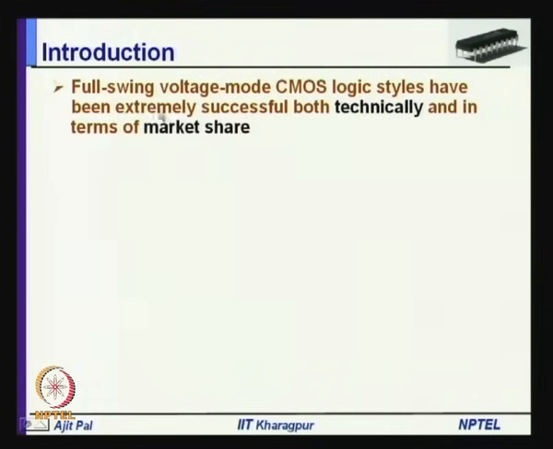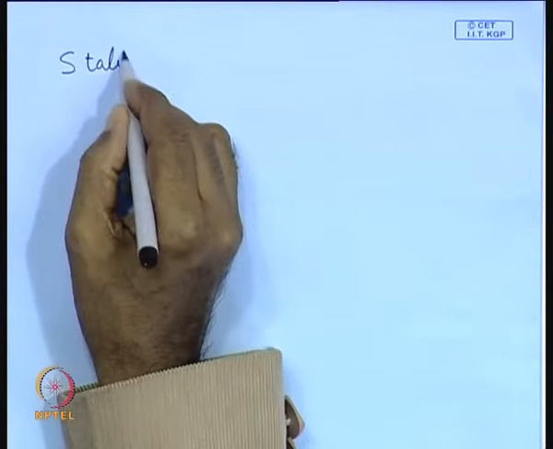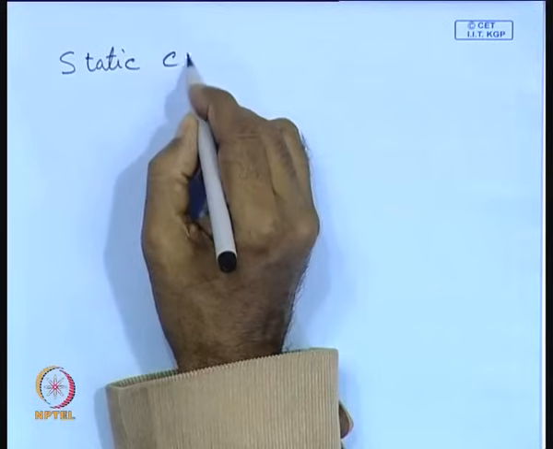So far we have seen that full swing voltage mode CMOS logic styles have been extremely successful both technically and in terms of market share. That means whatever we have discussed so far are known as static CMOS circuits.